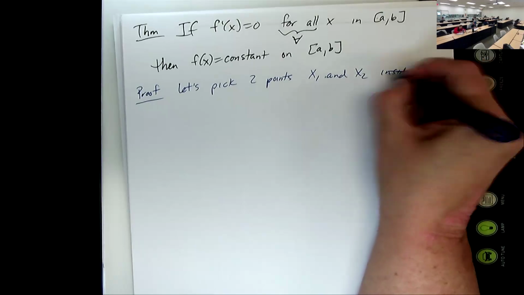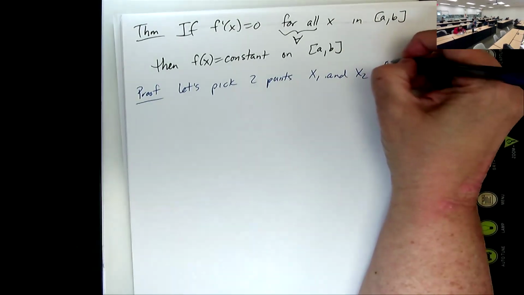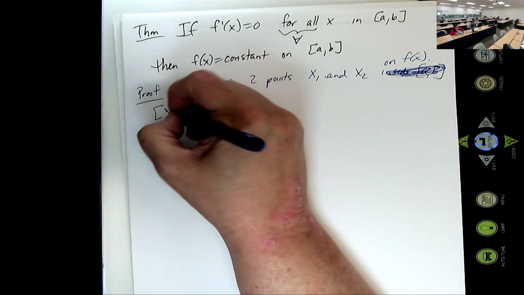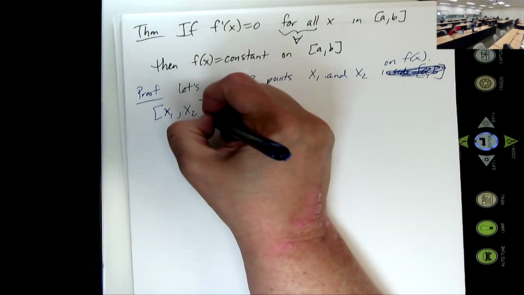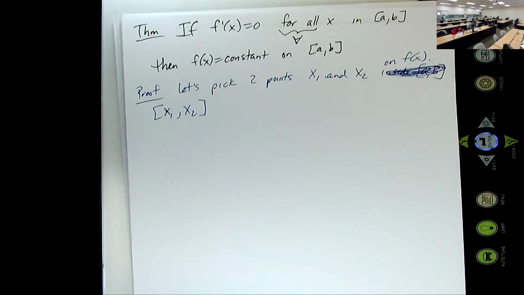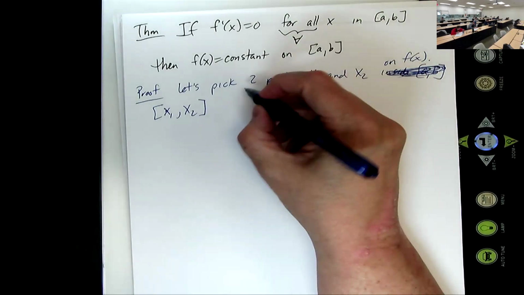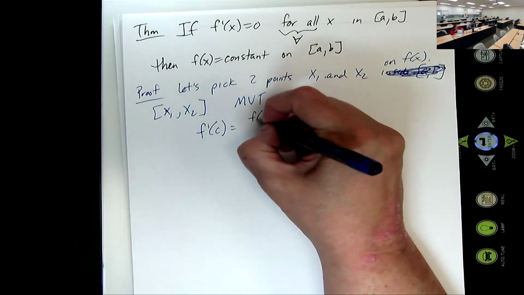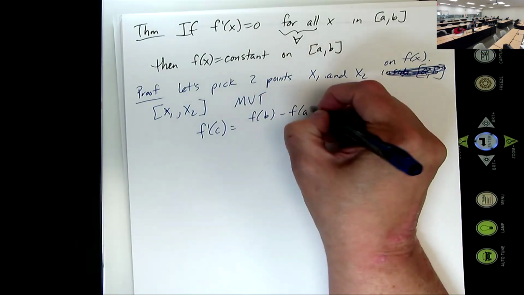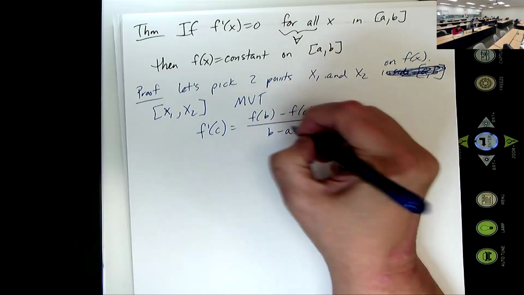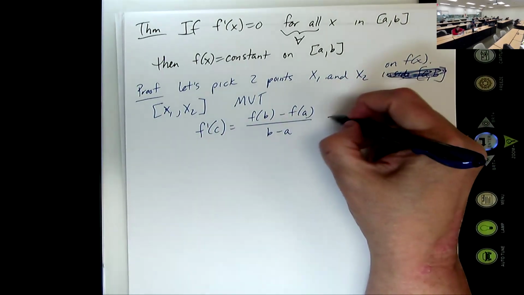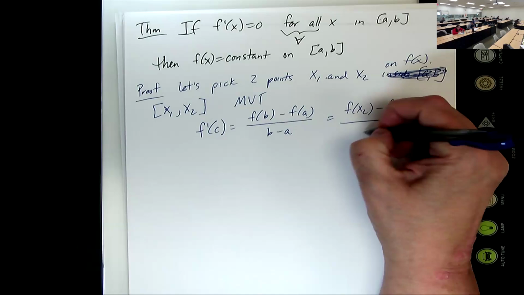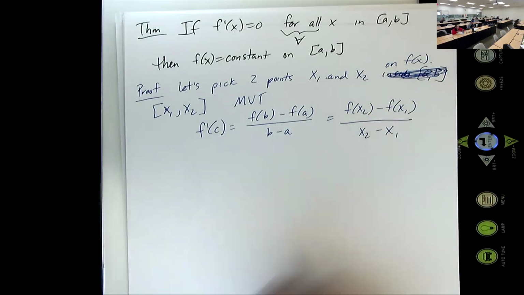Well, not inside AB, let's just pick 2 points on f of x, and we'll make those our endpoints. So x1 to x2 is our endpoints, and we will apply the MVT: f prime of C equals f of B minus f of A over B minus A, which in this case is f of x2 minus f of x1 over x2 minus x1.